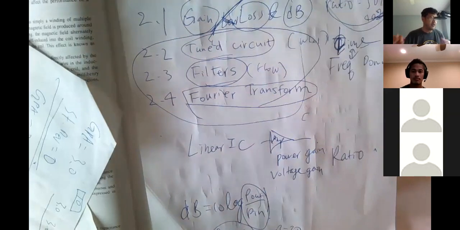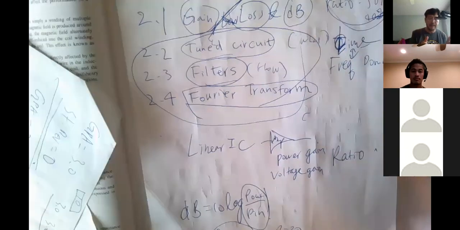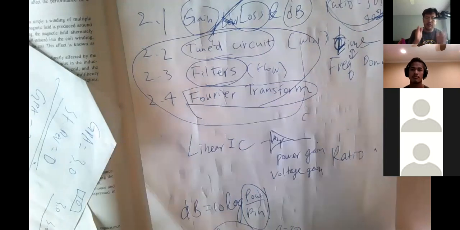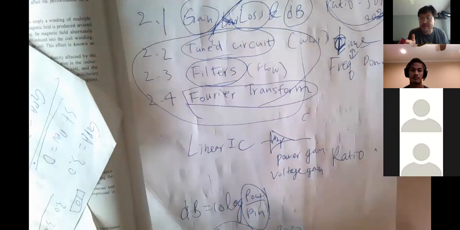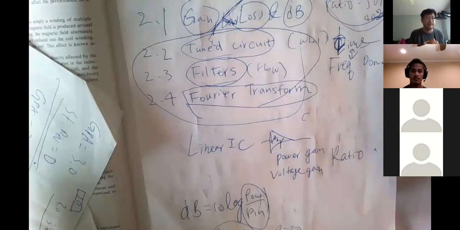Once we know what our signal looks like in the frequency domain, then we can add extra components or remove some of the components from our signal. We can control our signal in the frequency domain.